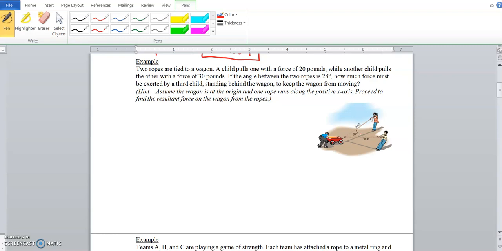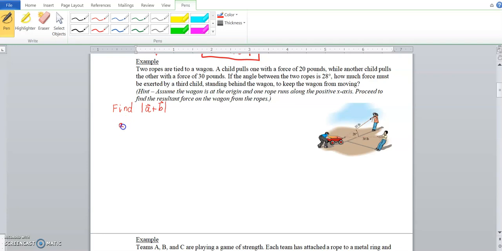In other words, what we're trying to find is the magnitude of vector A plus B. If we find the magnitude of this resulting vector, we just flip the sign for kid 3, and then we stop the wagon from moving.